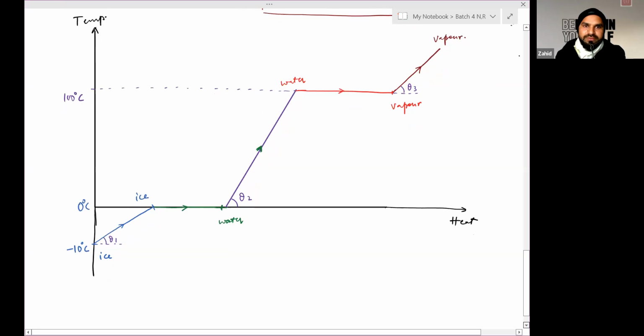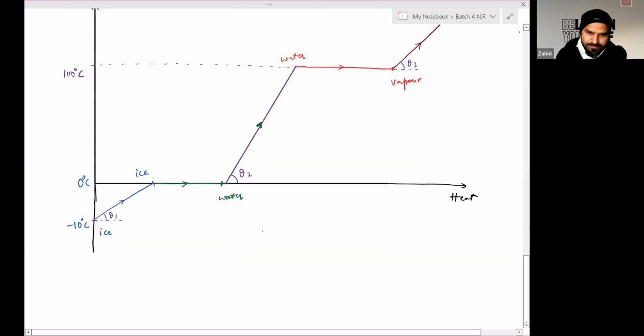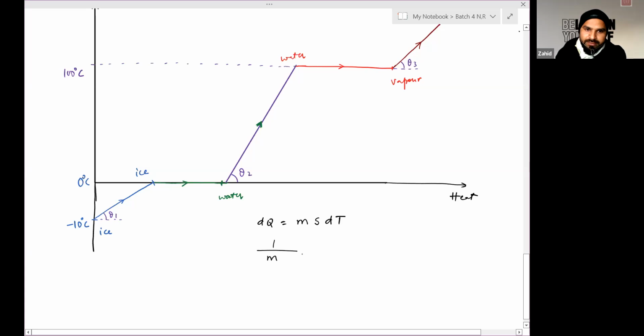So let me define a formula related to these two terms. We can write that heat supplied to this system to change its temperature is called specific heat. So we can write it as mass of substance times specific heat constant times change in temperature. Now move this dq to the right side and m into s to the left side. So it will be 1 by m into s equals dt by dq.